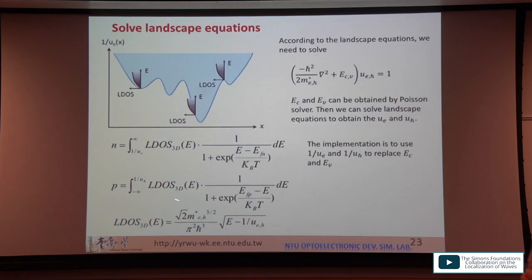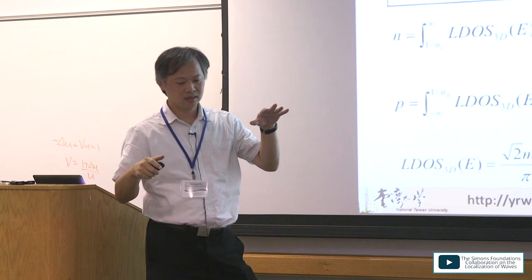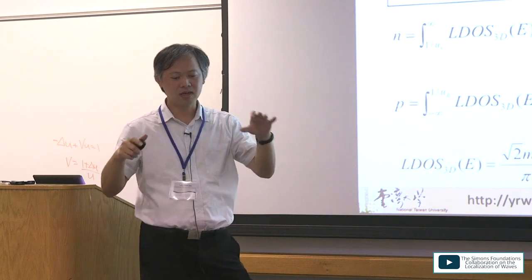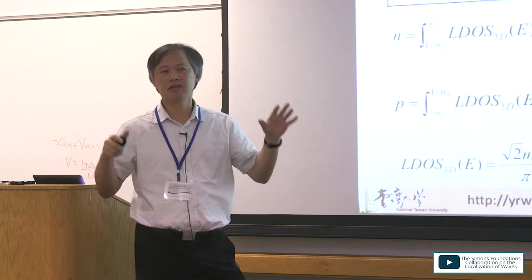The second thing is the carrier density. The second step is that we solve the Landscape equation. From Poisson we get the EC, then we solve the Landscape equation and get 1 over UE and 1 over UH. The problem is that in a real device, when you operate it, the potential minima changes at different biases.